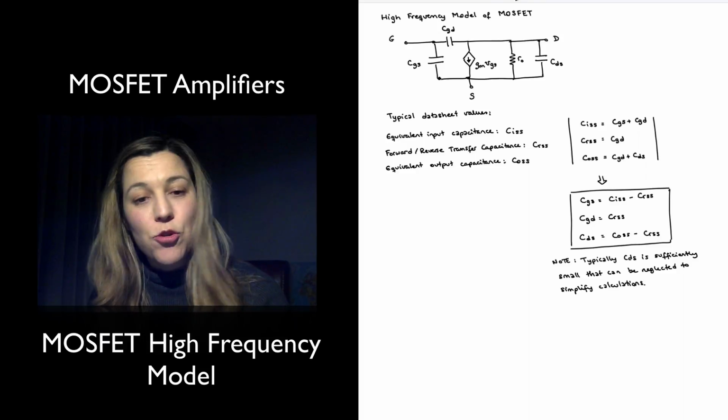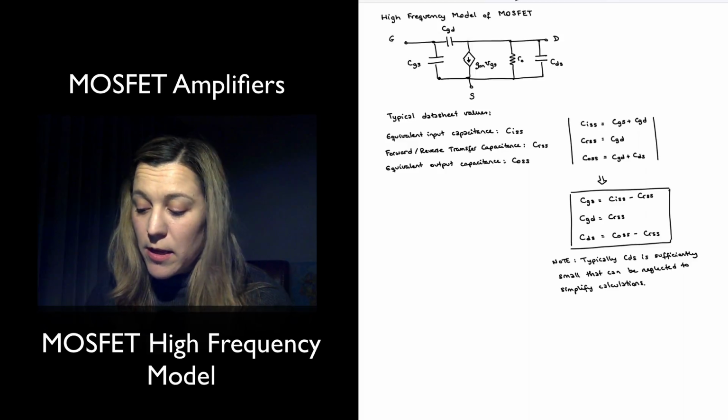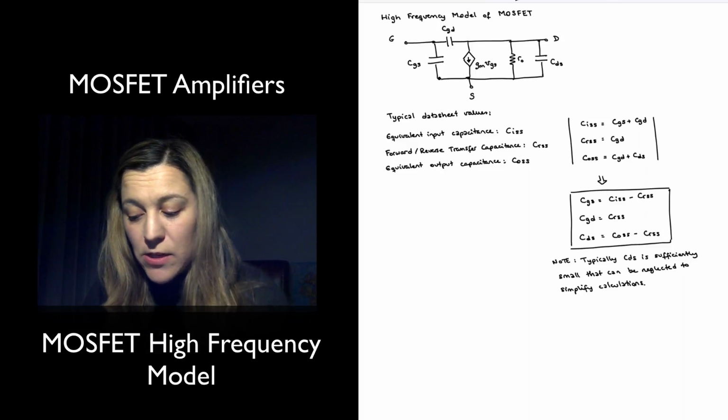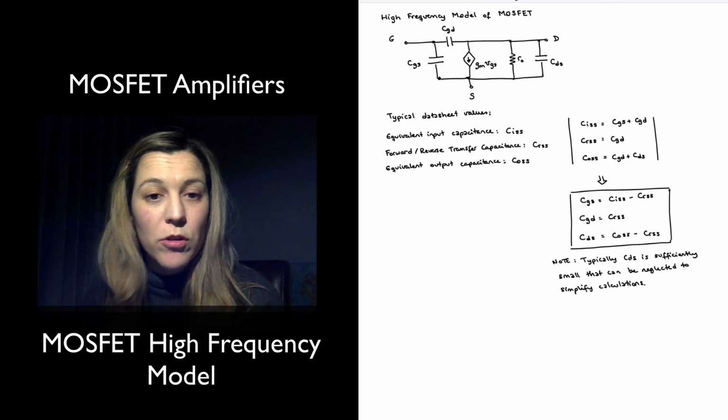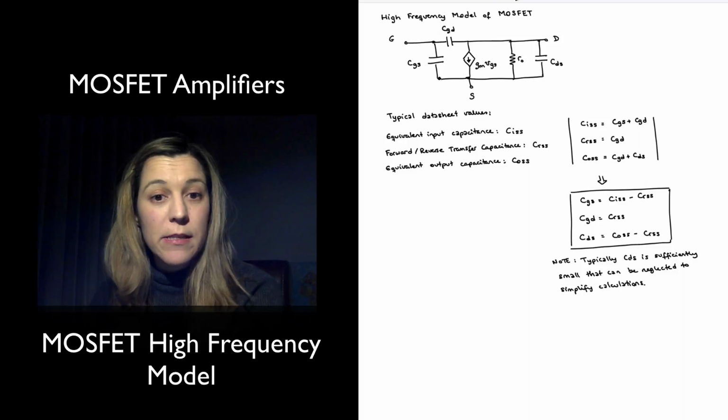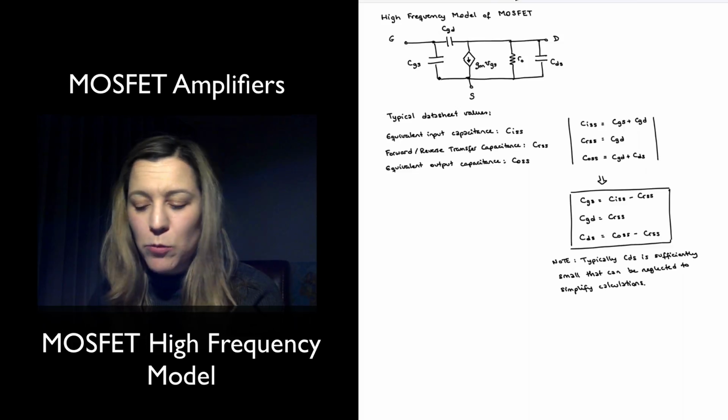But in any case, this will be the high frequency model. Again, if you wanted to eliminate CDS, you would just eliminate it from the model and have a simpler version of the circuit, but this will be the more complex one.